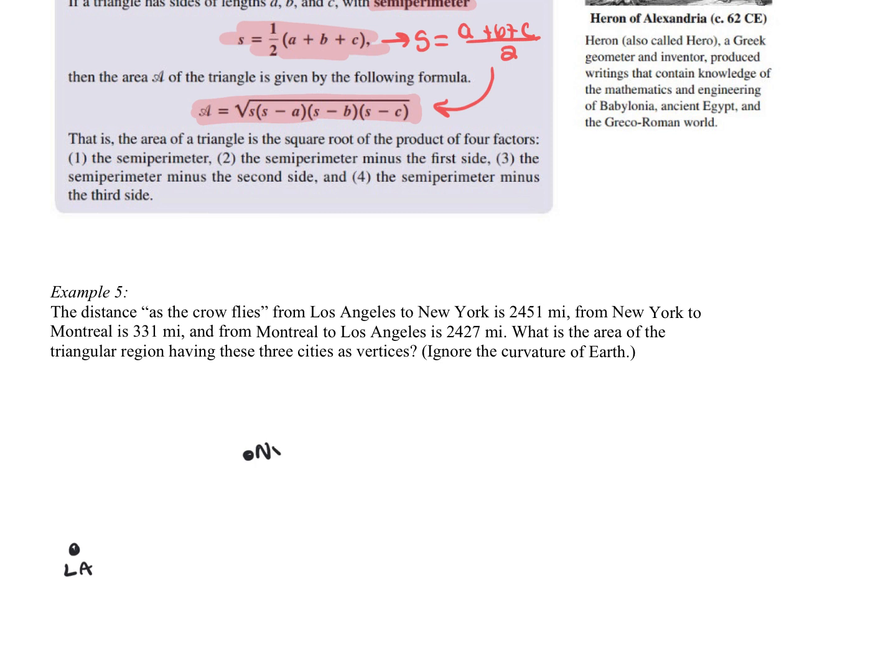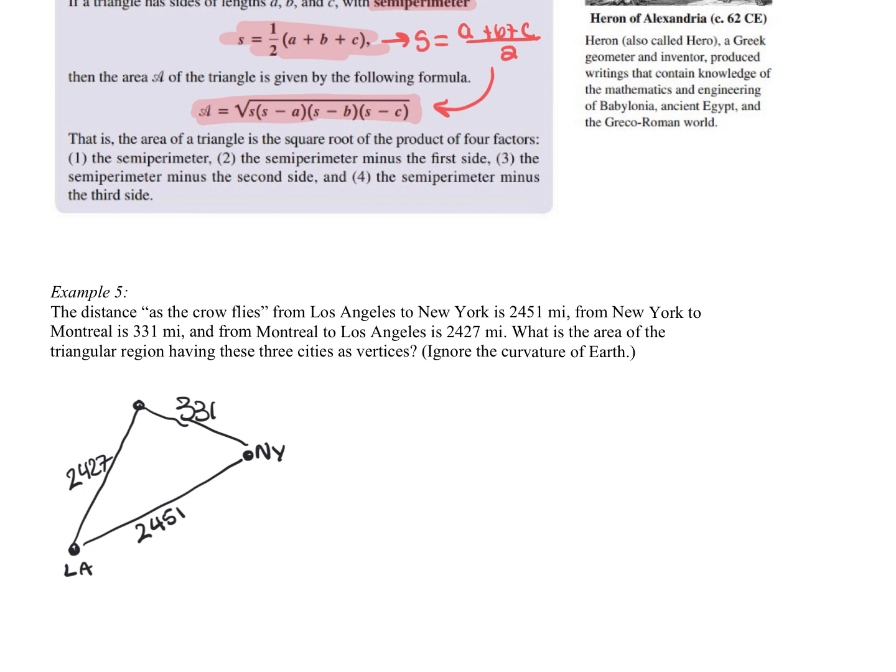New York's up here. 2,451, a little bit better. From New York to Montreal, Montreal's way over here in Canada, is 331. From Montreal to Los Angeles, the last piece of the triangle, is 2,427. What's the area of the triangular region?